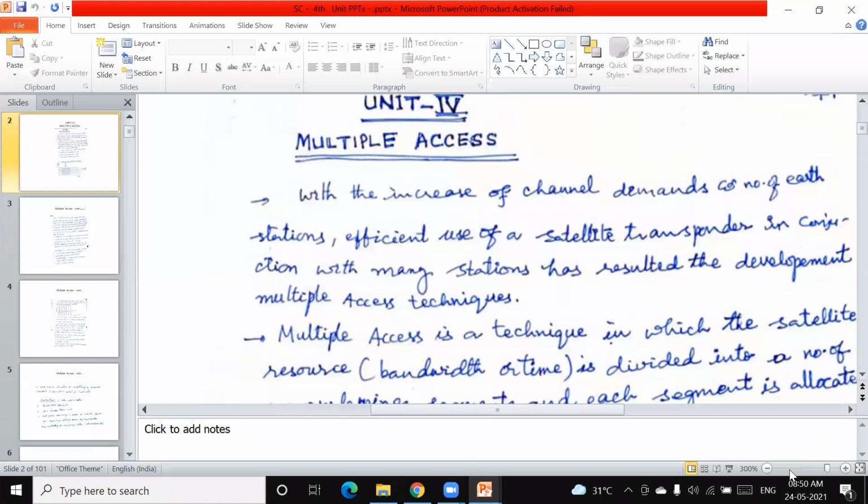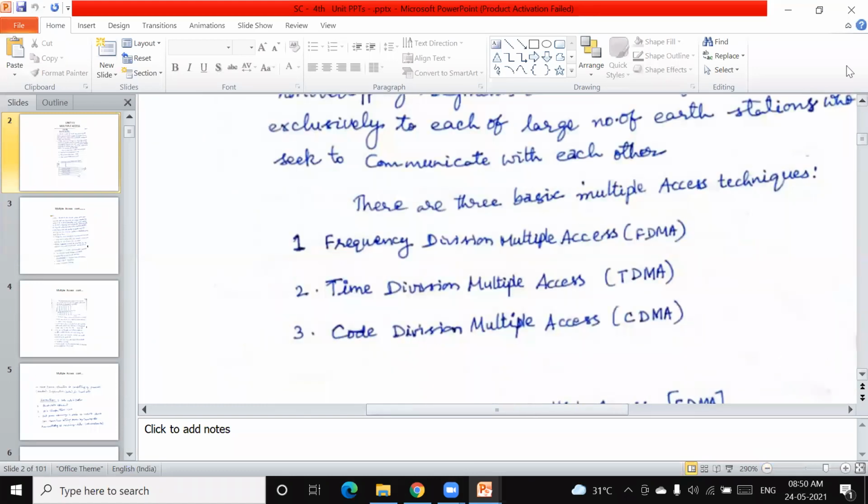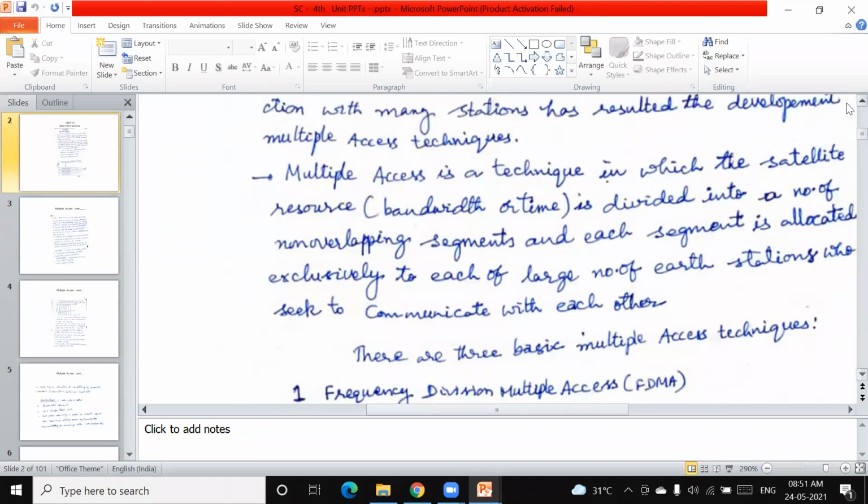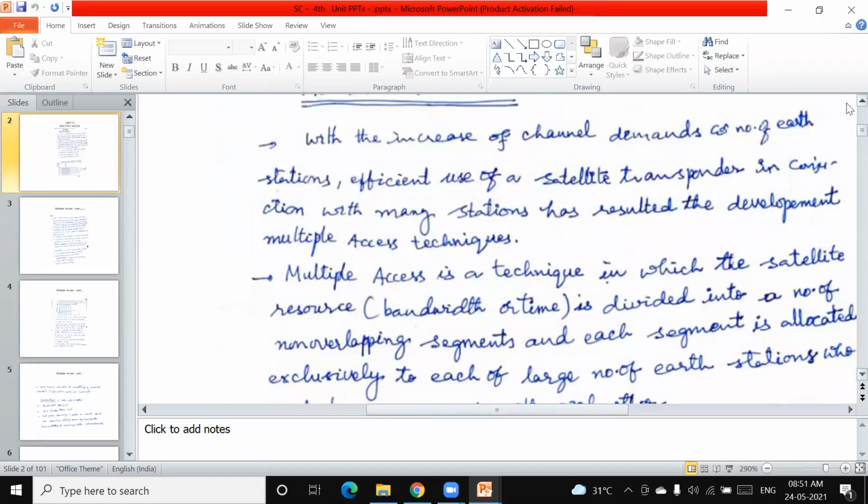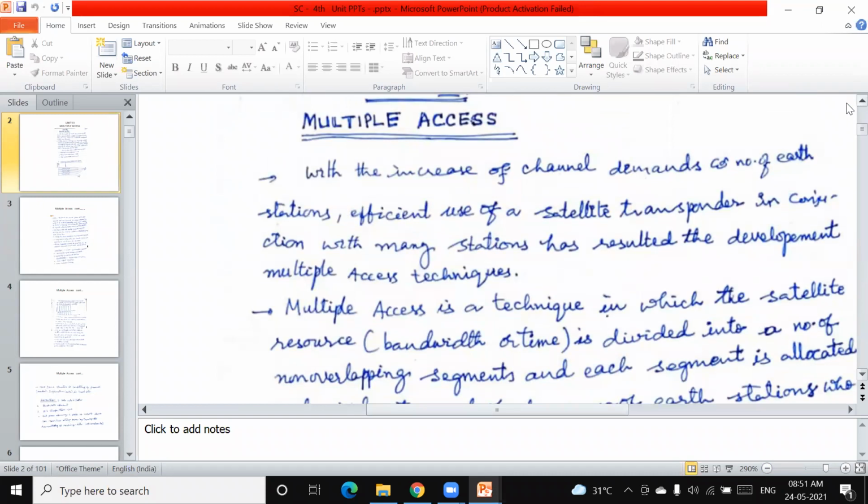Now you can see here, what is this multiple access? The 4th unit is multiple access. In Timothy Pratt, it is the 6th chapter, multiple access.